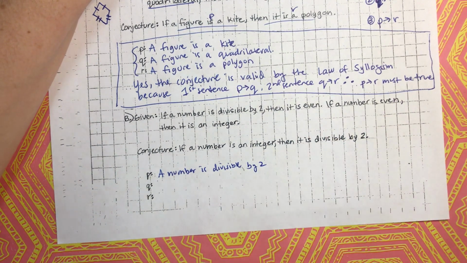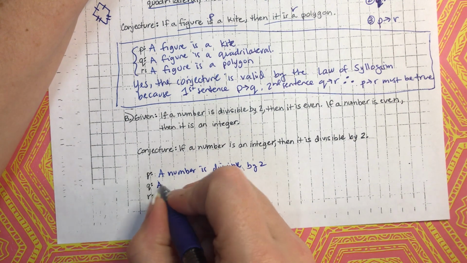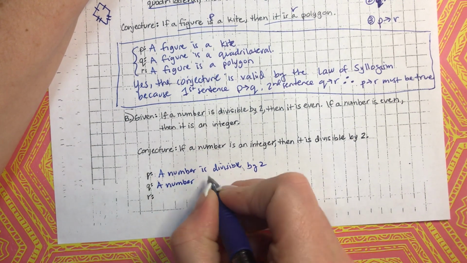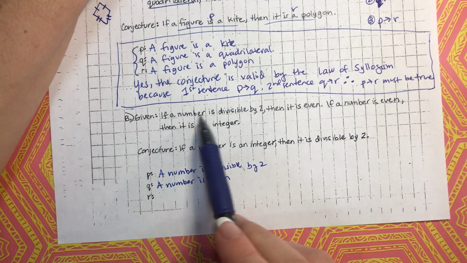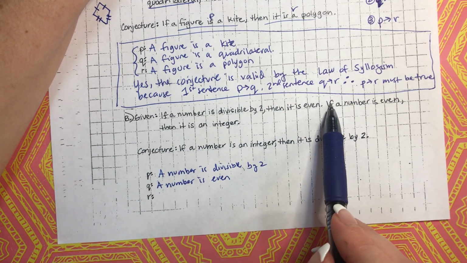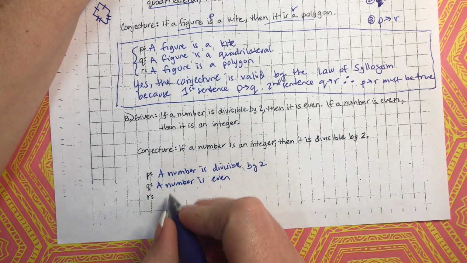by 2. Then it is even. So we would say a number is even. That's our Q. A number is even. And then, okay, so P, Q. Q, is this different? Yes, it is an integer. So a number is an integer.